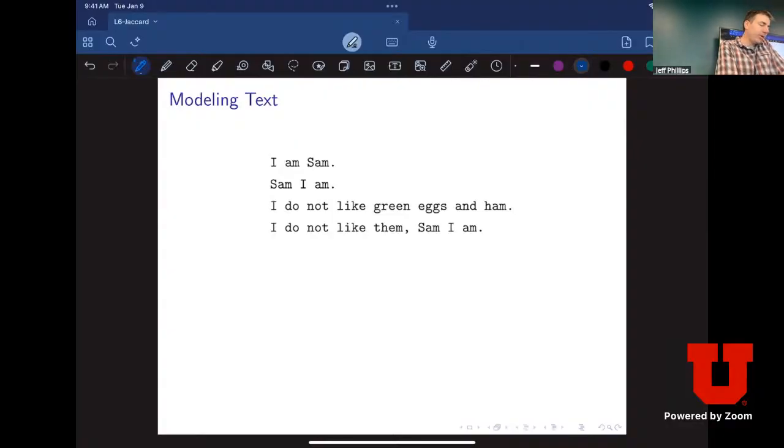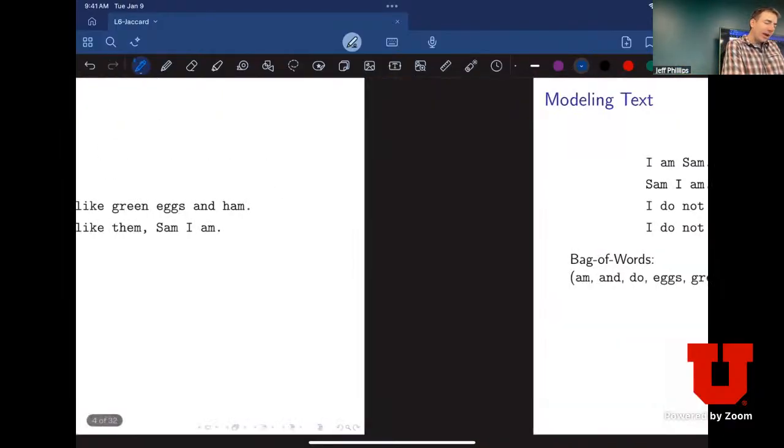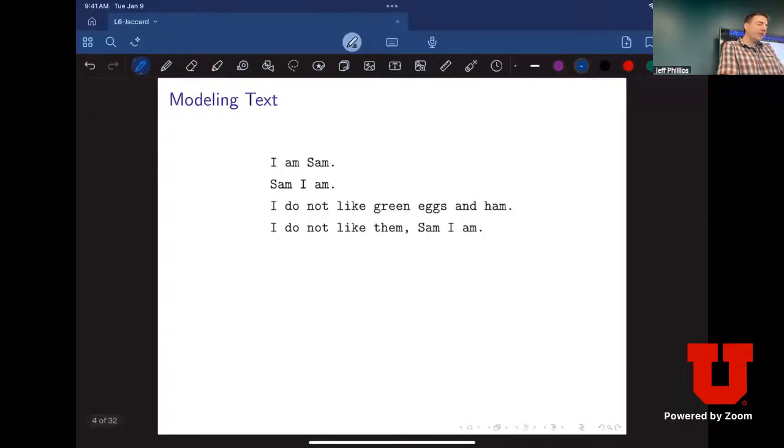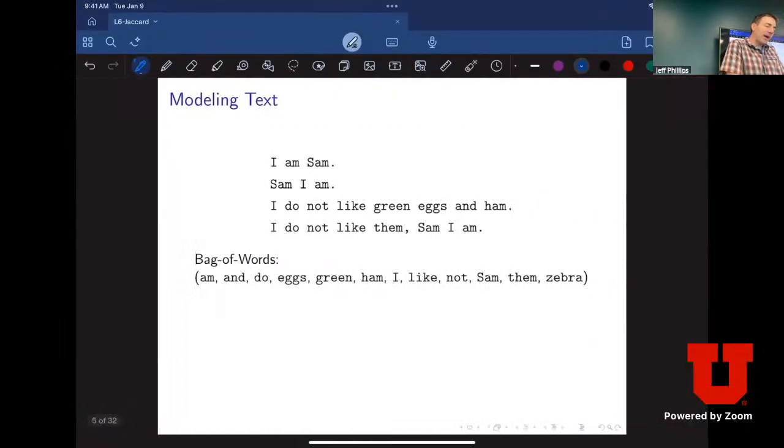Okay, so I've got some example text here with a lot of repetition in it. That's not too big, to give a sense of how this works. The first baseline approach I want to describe is the bag of words model, where instead of modeling text as a set, we mentioned this before when we were talking about word embeddings, that I would write down all the words I cared about.